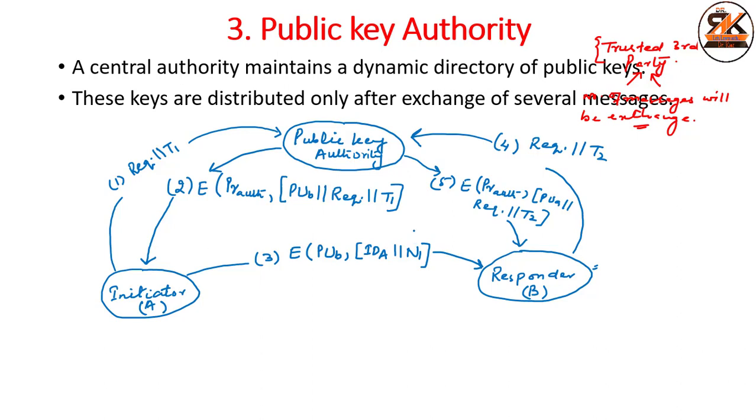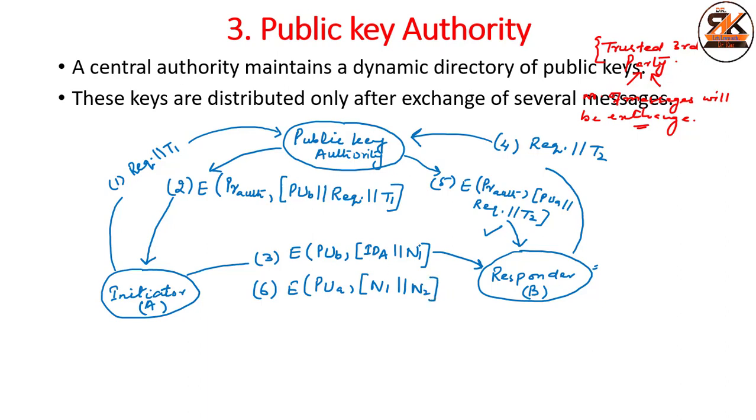Okay, after obtaining this message, B will send a message to A. The message number is 6, and the message is in encrypted form. Encryption is done by using the public key of A, because it can be decrypted by the private key of A, and this public key of A is obtained in the previous message. The contents are two nonces, nonce 1 and nonce 2.